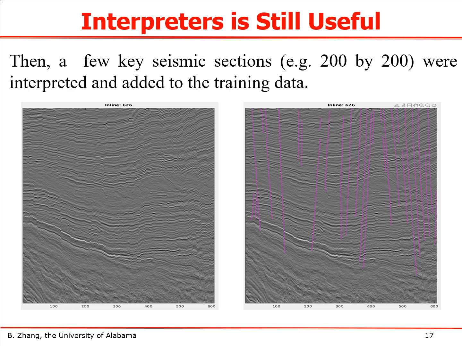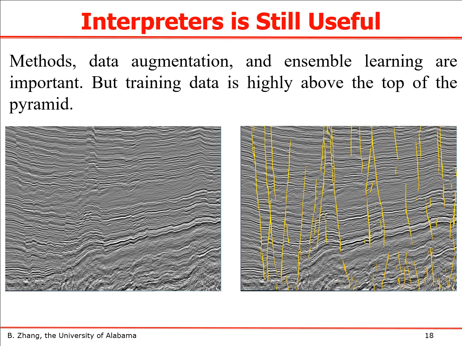In these slides, I illustrate one seismic section and the corresponding interpreted results. You can notice that the seismic fault location is highlighted by purple color. Then the interpreted seismic data is added into the training data.